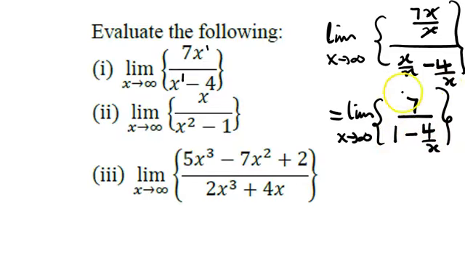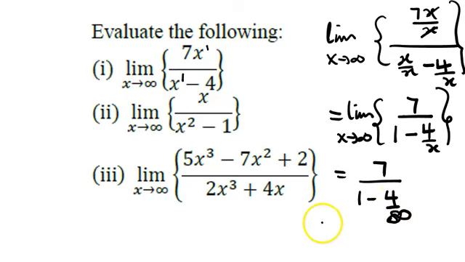So we have 7 over 1 minus 4 over infinity. Under this we can write it as 7 over 1 minus 4 times 1 over infinity. And we know, as I said earlier on, 1 over infinity is equal to 0. So you are getting 7 over 1 minus 0. So the answer will be 7.